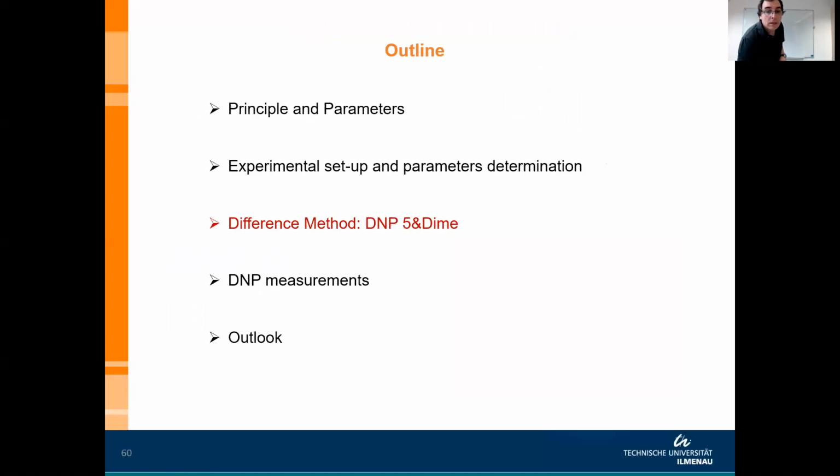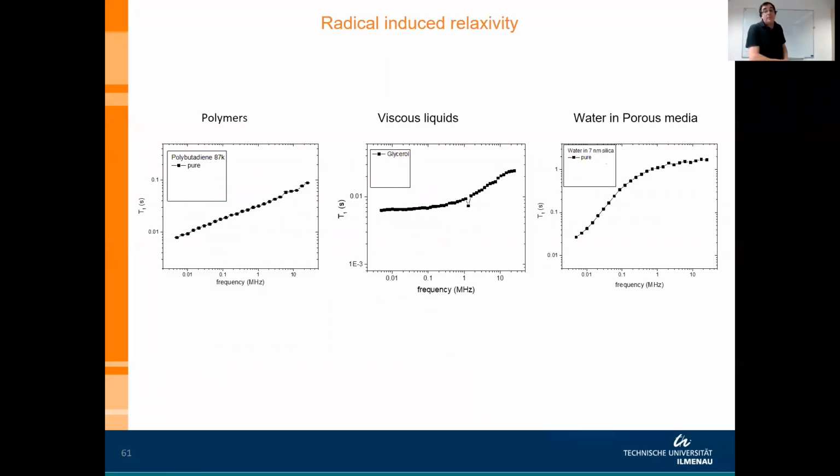And then let's talk about the 5-andime here, this difference method introduced last year in our group here. Let's see, if you have several systems here as an example, your polymer, viscous liquids like glycerol or water in silica, for example, porous media, then you can measure a typical T1 experiment, T1 dispersion, T1 as a function of the frequency in all the system, right?